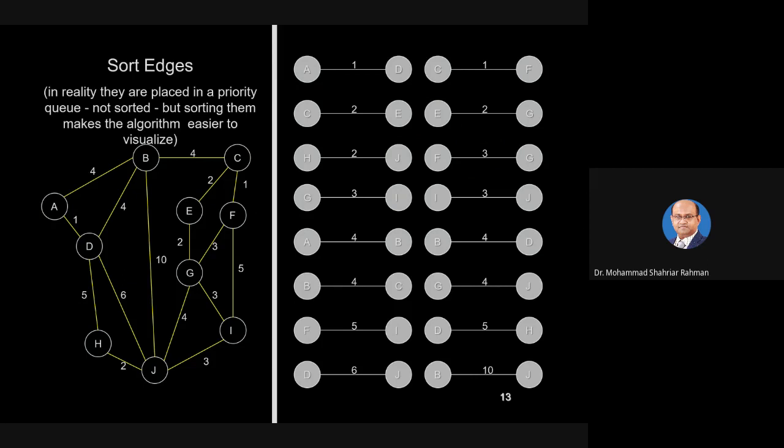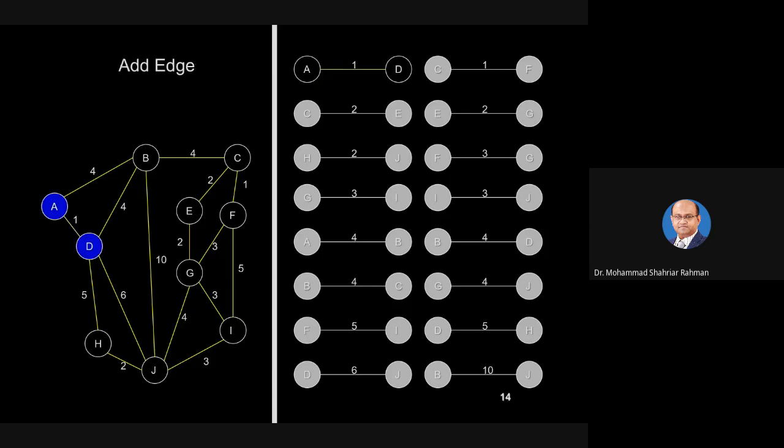So এগুলোকে sort করার পর, then it gets easier for us to detect which nodes are to be connected. So আমাদের এখানে প্রথমে দেখতে পাচ্ছি যে আমাদের AD, smallest weight edge, AD. Then we take AD.